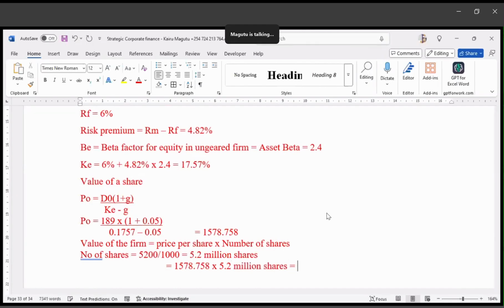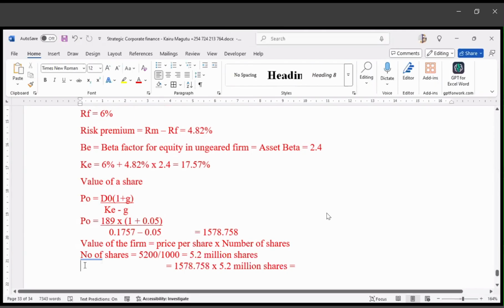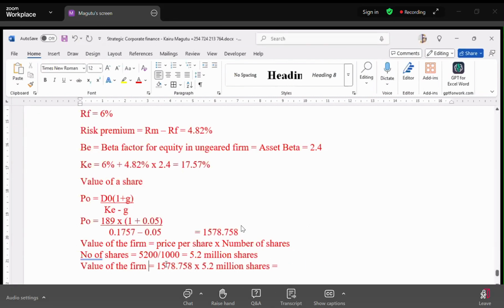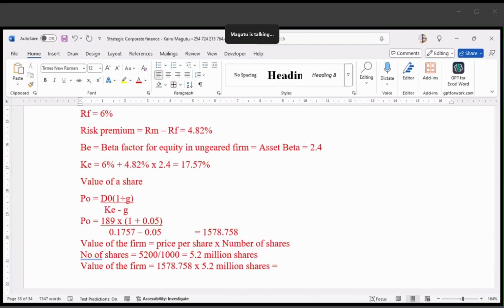So how much is this? How much is the value of the firm? It should be that way. The number of shares multiplied by the market price per share.